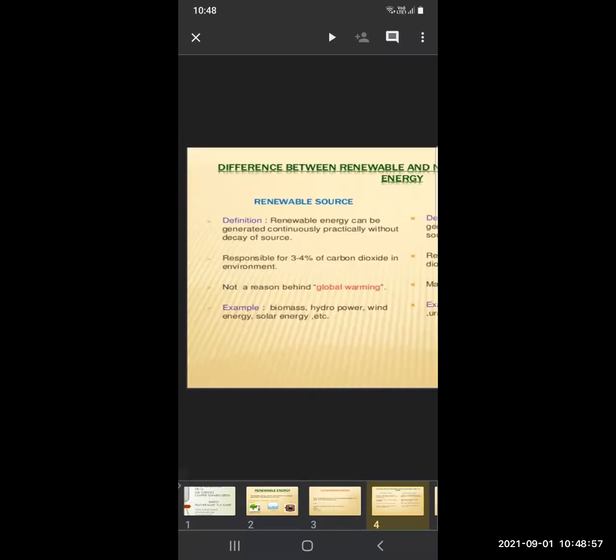Examples: biomass, hydropower, wind energy, solar energy. So from such energy sources we can generate energy continuously, practically without any decay. And the carbon dioxide in the environment is only 3 to 4%. These energy sources are not a reason behind global warming.